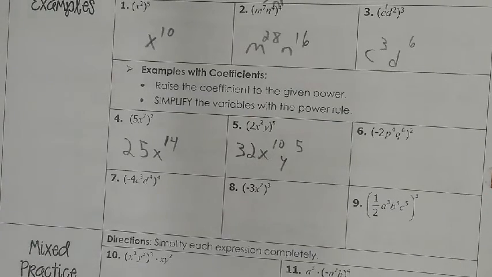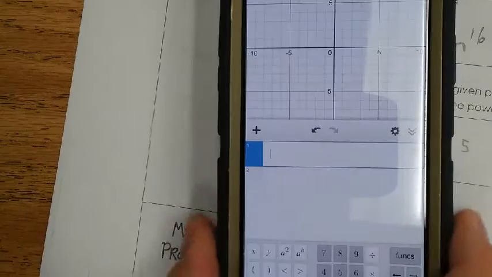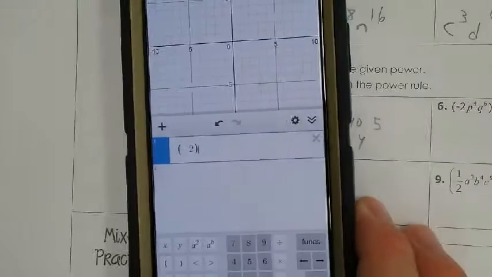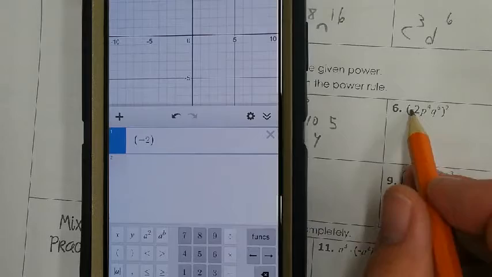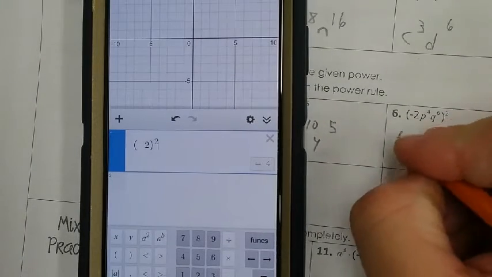Okay, here's something that's very important. Whenever you have a coefficient that has a negative, you have to use parentheses around that coefficient. So on number 6, you're going to put parentheses around the -2. And then it says to the 2nd power. So -2 to the 2nd power will give you a +4.